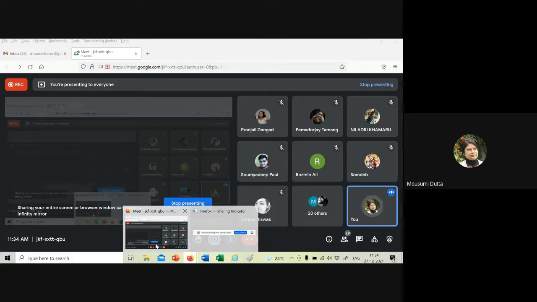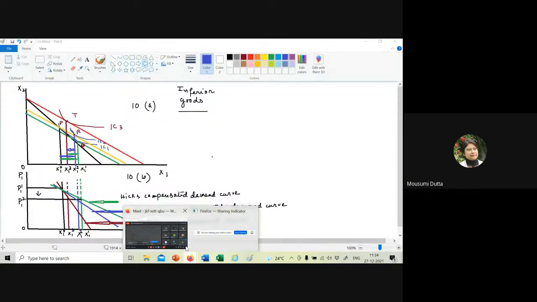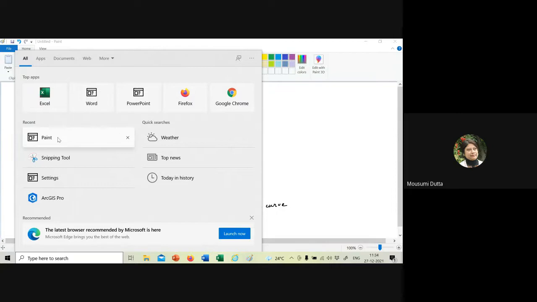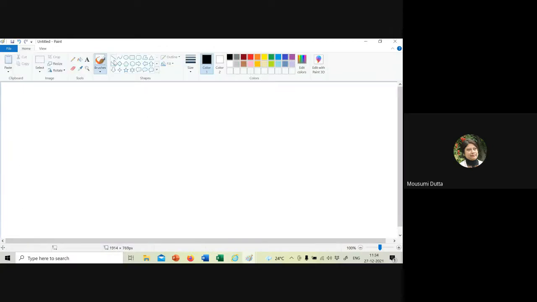So now in that case, we will go for the Giffen good case. Same thing. Just income effect will be stronger than that of the substitution effect.